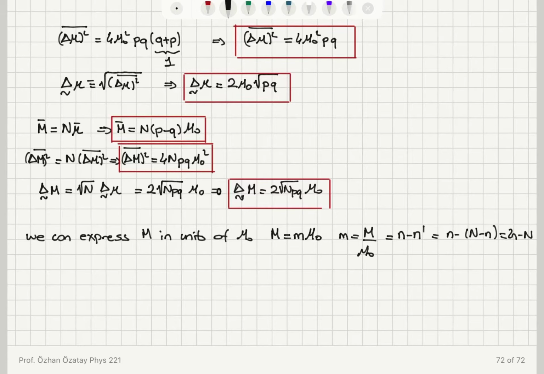So I can remind you that for n number of up spins, what was the average value of n? The mean value of n is simply capital N times p. Now I can find the mean value of m using this relationship.